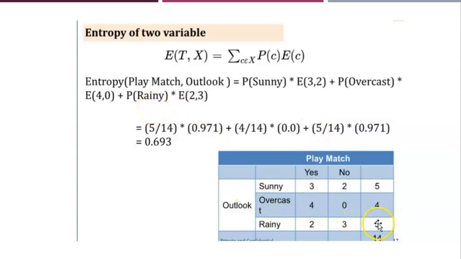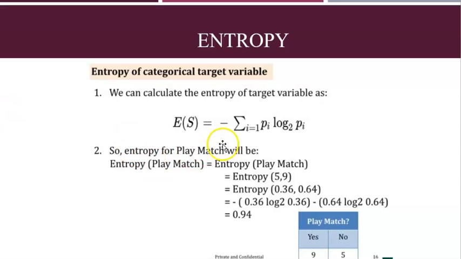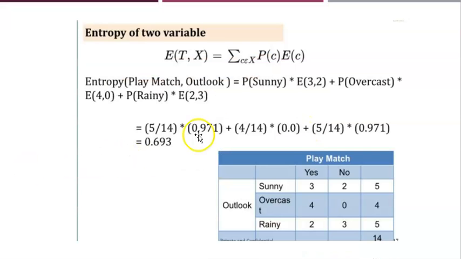Rainy, if you see, totally 5 days divided by 14 into entropy of 2 comma 3, right? So how to calculate entropy of 3 comma 2? How do we need to calculate? Let us go back to the same formula, minus pi log to the base 2 pi. So if I'm doing it for this one, what am I supposed to do?